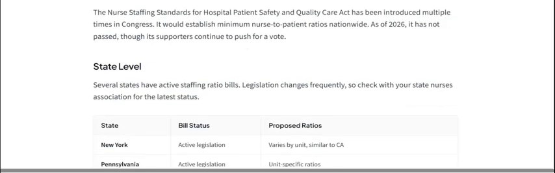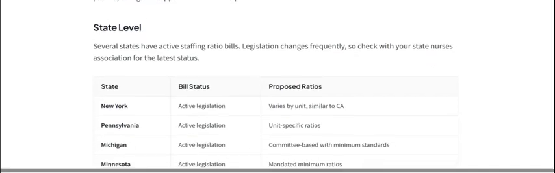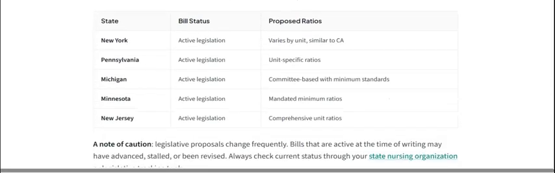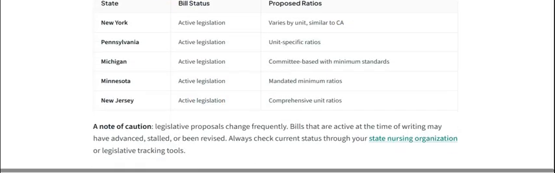So you want to look a little bit more in depth if you're interested in this information. But you can see New York State and Pennsylvania, at the time of this information going up, did have proposed ratios on a bill. But things do change very quickly.